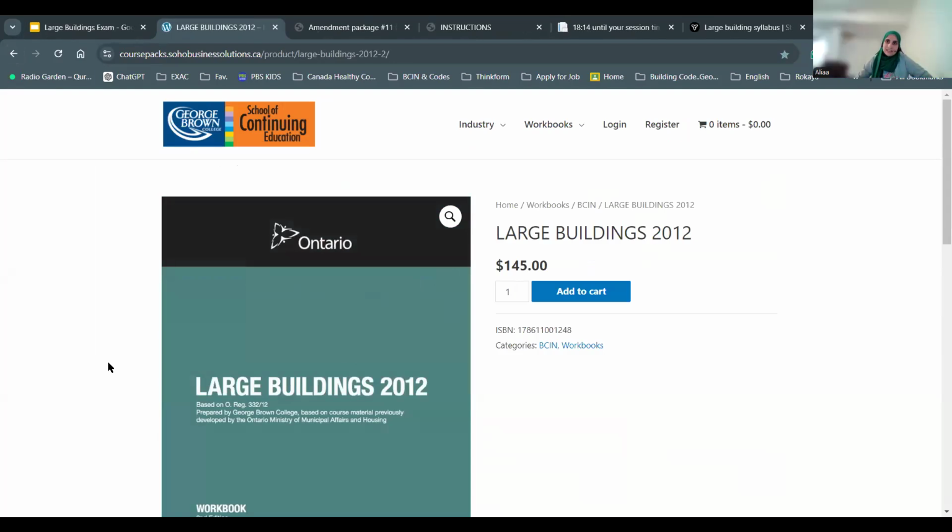Recommended. And recommended why? Because this manual consists of 18 chapters, and each chapter, for example Part 3, you can find here Section 3.1 General.